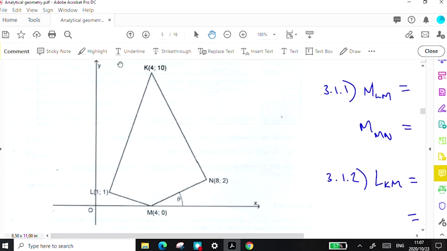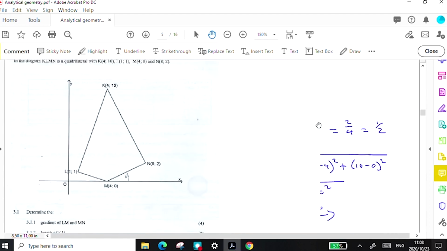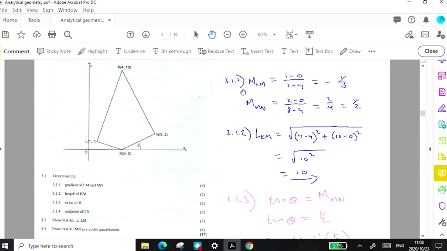We want to show that these two lines are perpendicular to each other. So we need the gradient of LK and the gradient of LM. We already have the gradient for LM, which is -1/3. For these two to be perpendicular, then the gradient of LK should be equal to 3. So we just need to show that the gradient of LK is equal to 3. Then these two lines will be perpendicular.